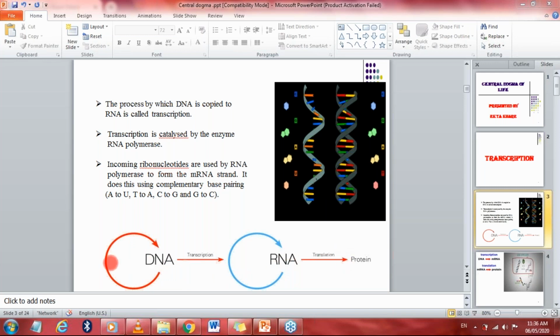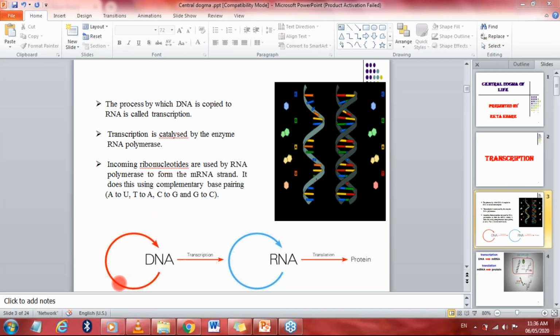So this is called the central dogma, and this process explains how the instructions in the DNA are converted into our final product, that is our protein. This was proposed in 1958 by Francis Crick, and I think most of you have heard this scientist's name. Francis Crick discovered the structure of DNA.